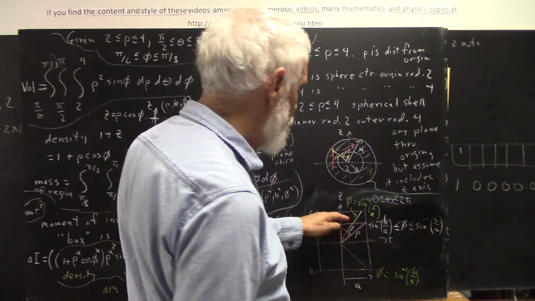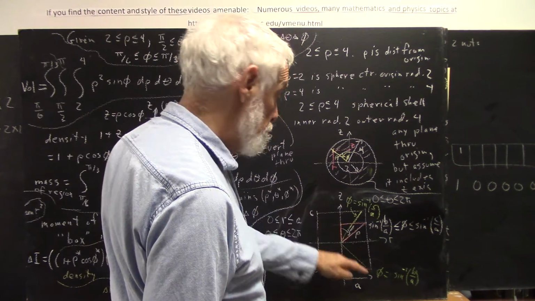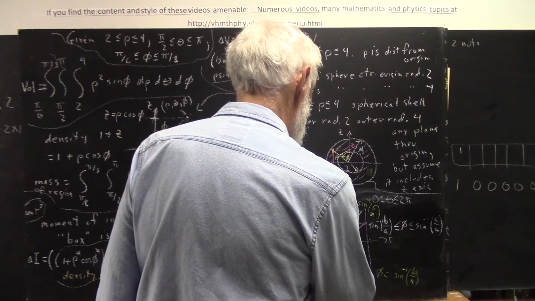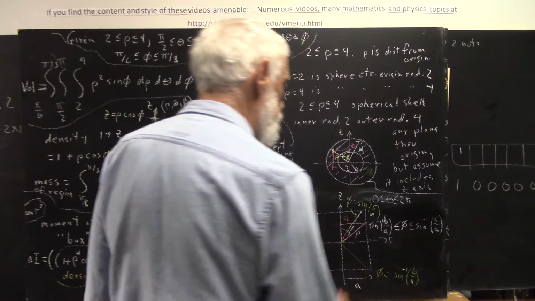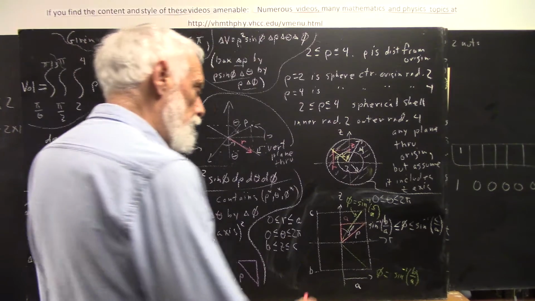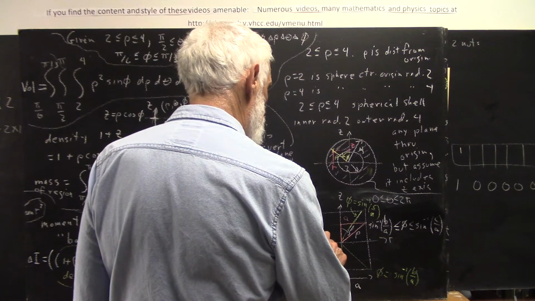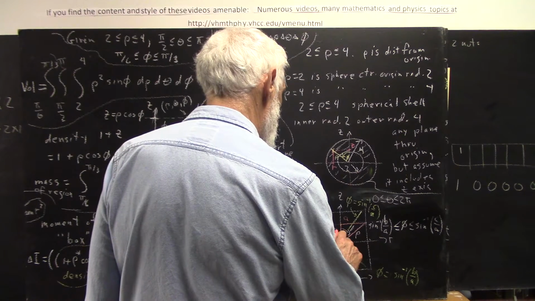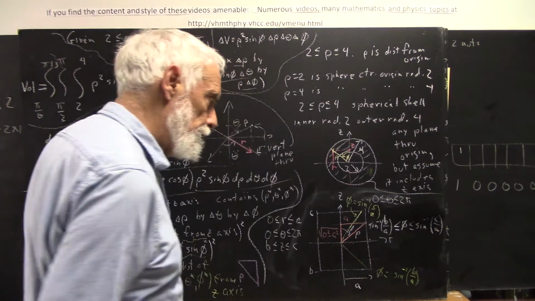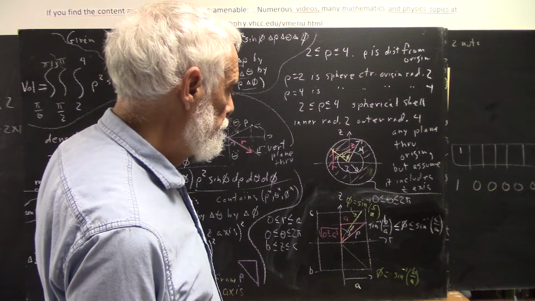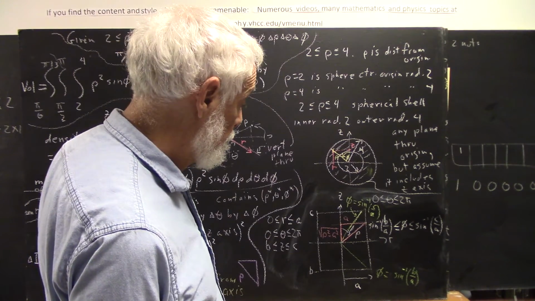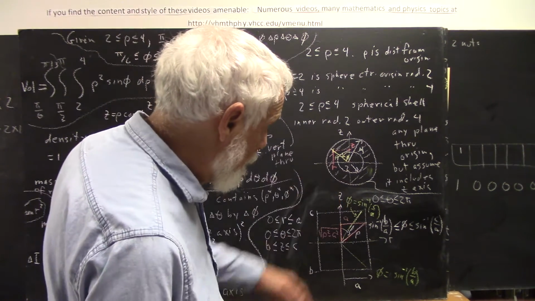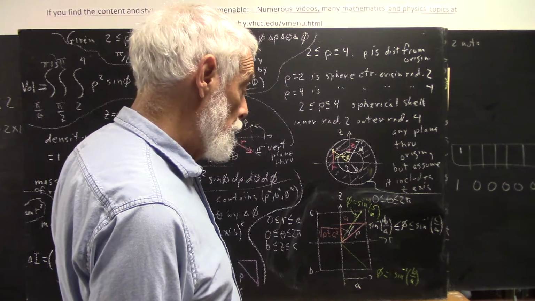Now, on this triangle, this side is the radius a. This side is the hypotenuse. This side will, of course, be the square root of rho squared minus a squared. But that isn't particularly relevant. We're not given the value of rho.